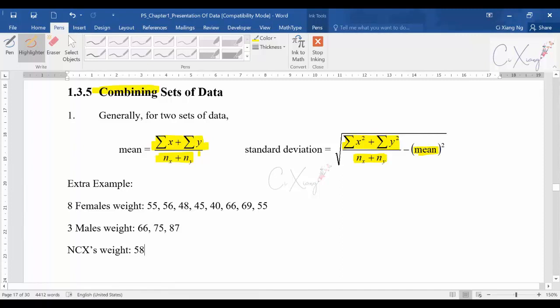But we realize that in the A-level exam, they would also ask if they want to separate some students or some data from the original set of data, then what do you have? How can you do the calculation if they want to separate something from the data?